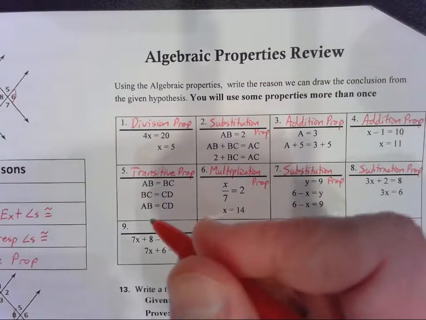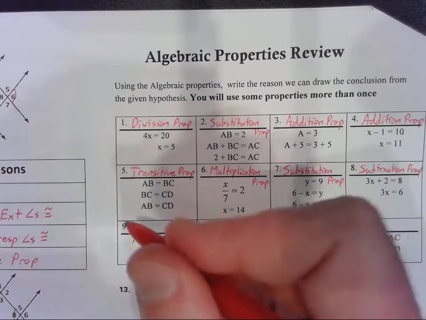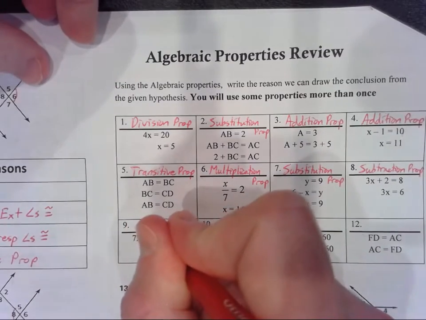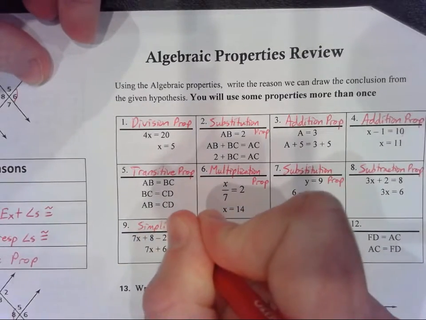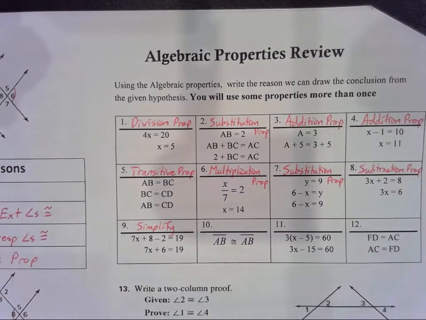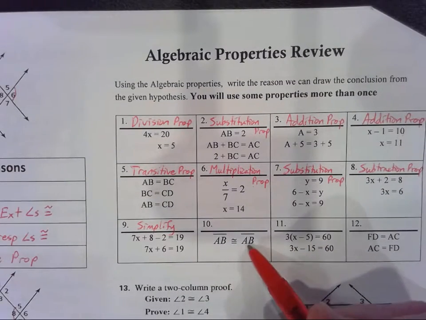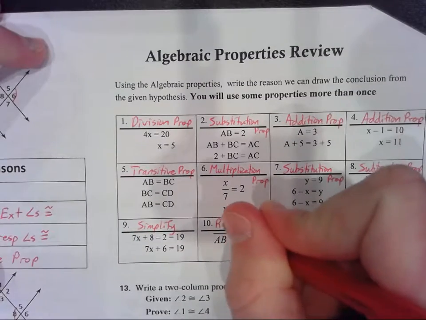So I want to replace the 8 minus 2 with 6. This is just simplify. Number 10, AB is congruent to segment AB. If something equals itself, that is the reflexive property.